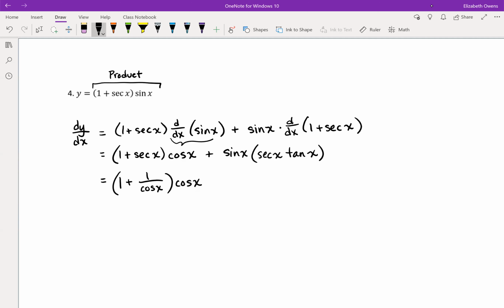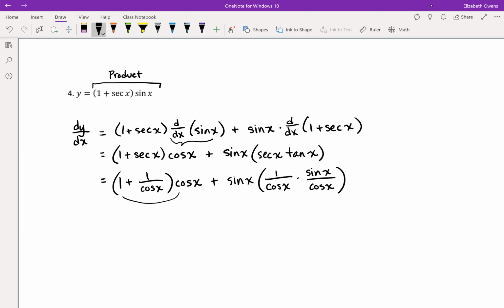That's going to cause some good cancellation for us. And let's do kind of the same thing over here with our second term, see if anything nice will happen with the secant and tangent. We'll have 1 over cosine x times sine x over cosine x. And yeah, let's multiply.